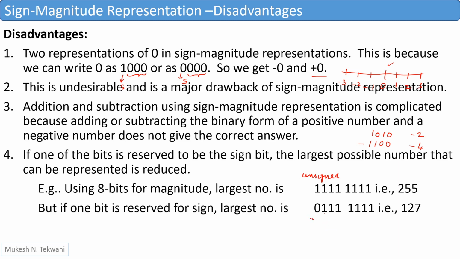So if we were to take this value as 1 1 1 1 1 1 1 1, then this would represent minus 127, because these 7 bits would have contributed to 127, the magnitude, and this would have been the sign bit to show that this number is a negative number. Now that would be if we were to take it as a sign magnitude form. So we see that the range of numbers is greatly reduced.